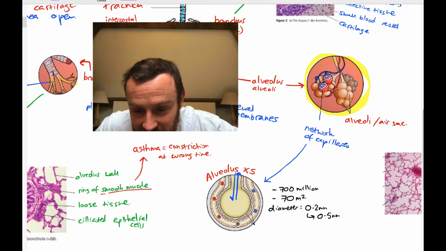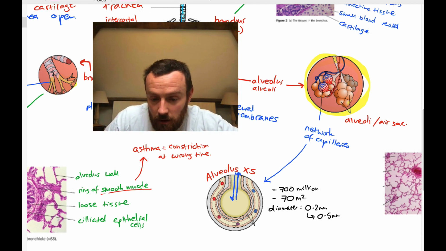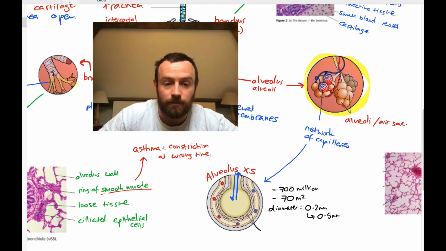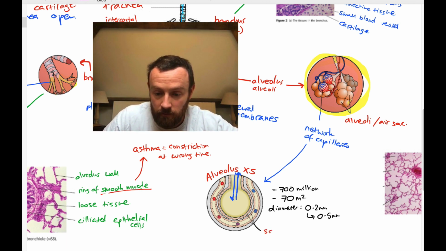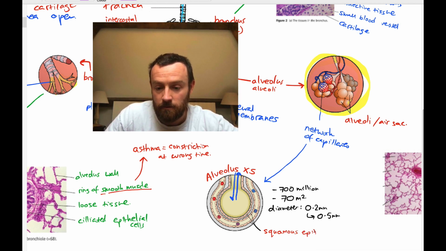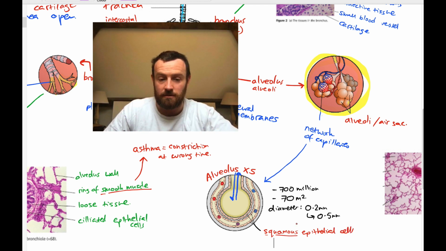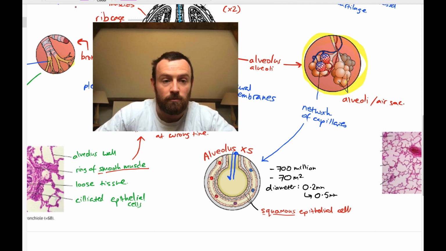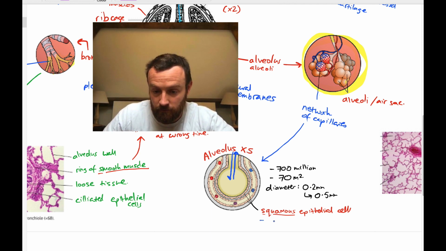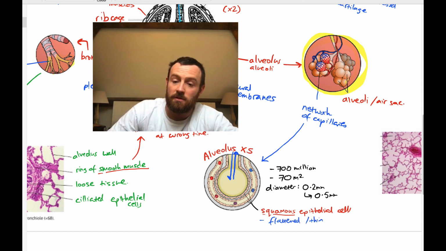These cells here are called squamous epithelial cells. Squamous epithelium means super flattened, really, really thin.